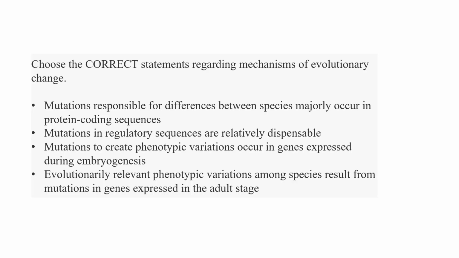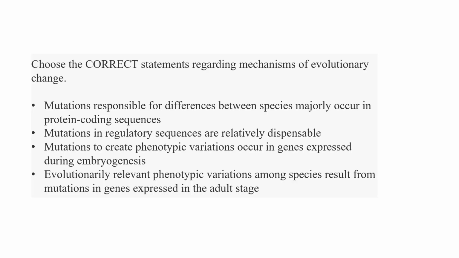Okay. So let us discuss this question. Choose the correct statements regarding mechanisms of evolutionary change. First is mutations responsible for differences between species majorly occur in the protein coding sequences. So do you think that the mutations occur in the protein coding sequences? No, they do not.